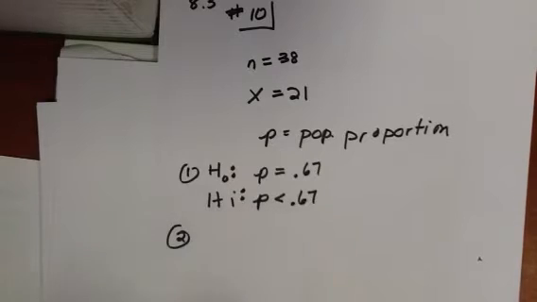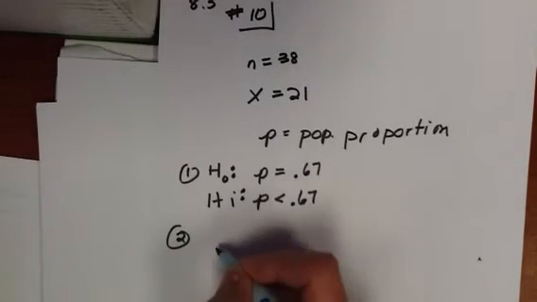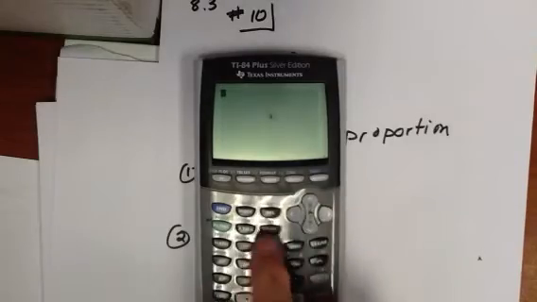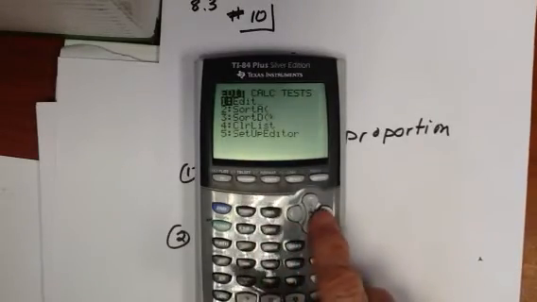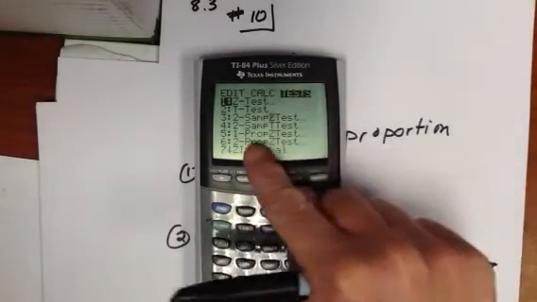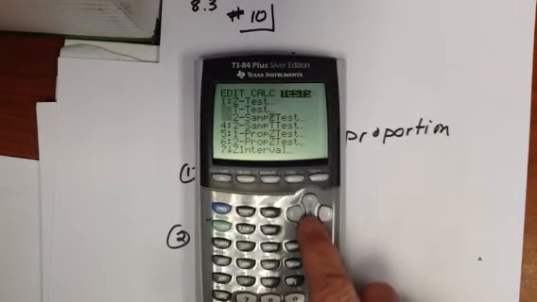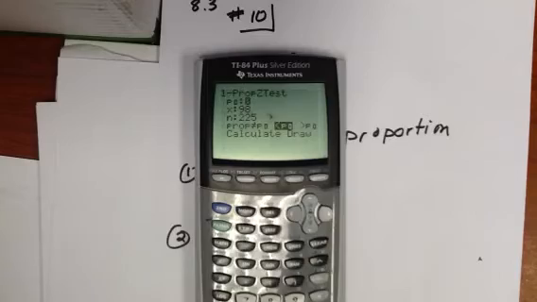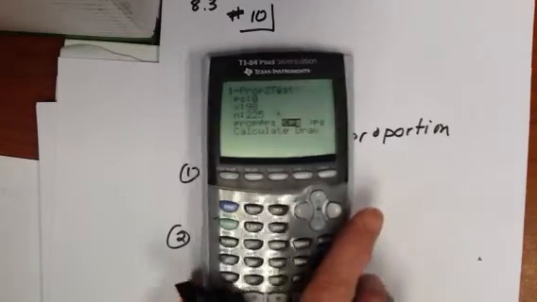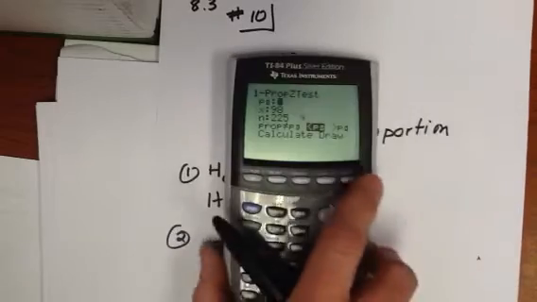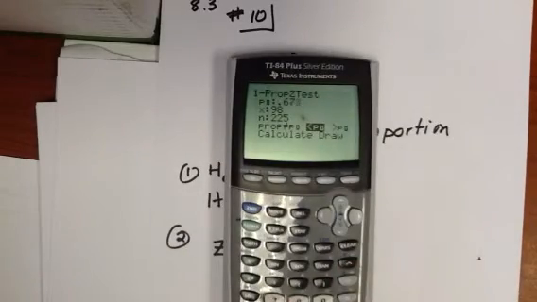Our test statistic for this section, if you watch the lecture videos, again is a z-test. In our calculator, we're going to go to stat, over to test. This time we're going to one prop z-test. The null hypothesis is equal to 0.67, so we put in 0.67.